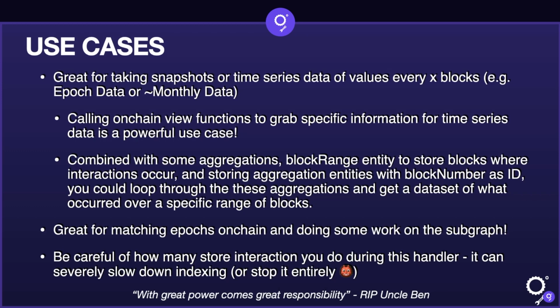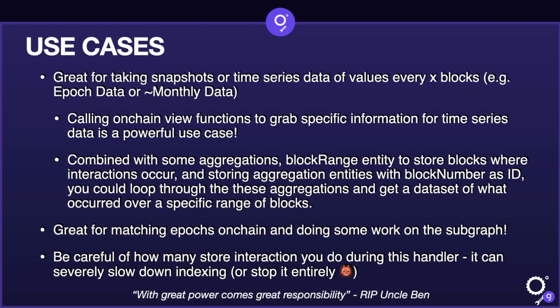What's also really cool about this is that you can call on-chain view functions to grab specific information for this time series. So you could say TVL or liquidity in a pool. If the on-chain view function is available, you could call that on-chain view function and essentially store that in this entity which you create on every X block.